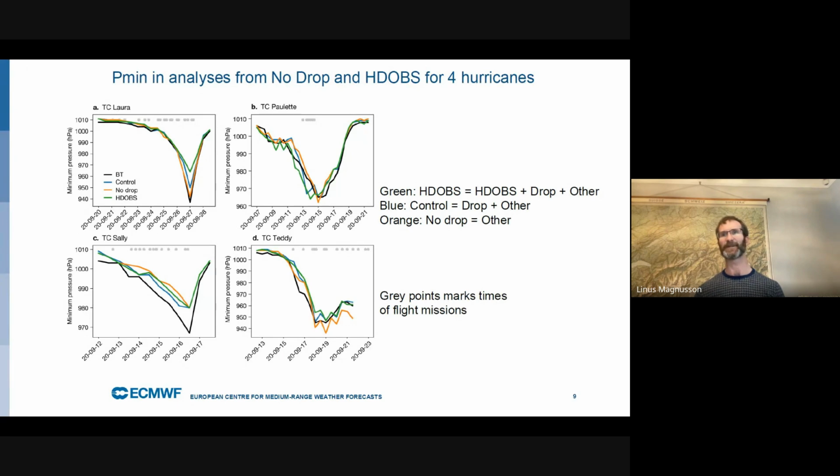So it must be some randomness in the system caused by previous missions into other cyclones. But we can also see that when the mission started, it took some time for these experiments to converge back to the best track.